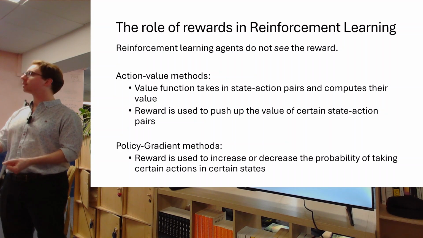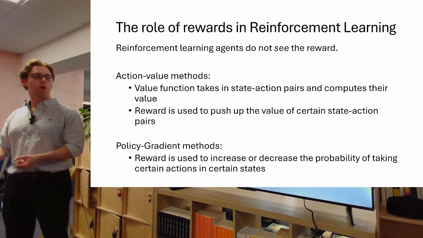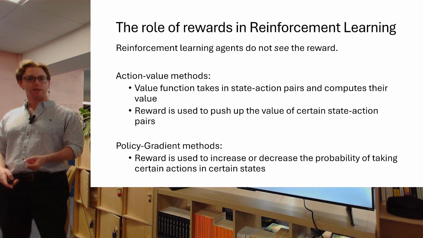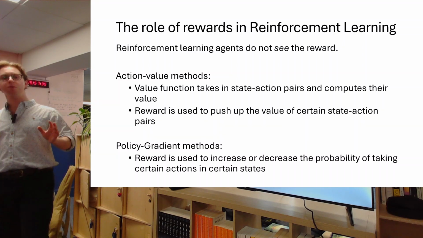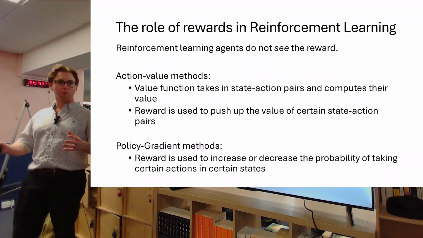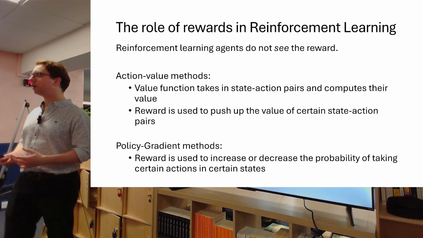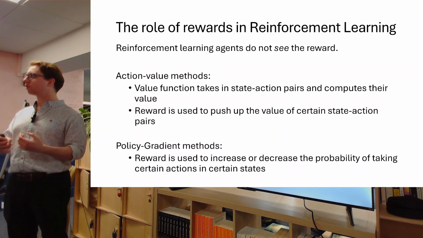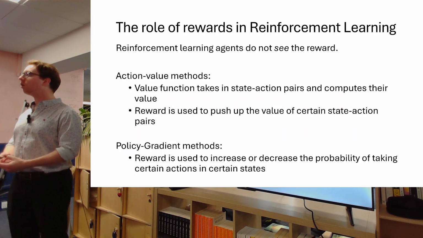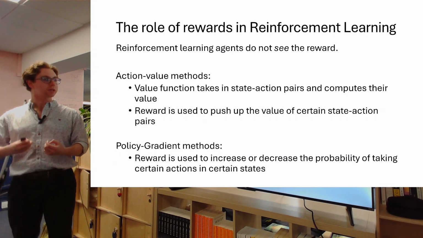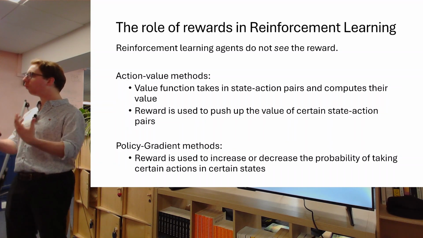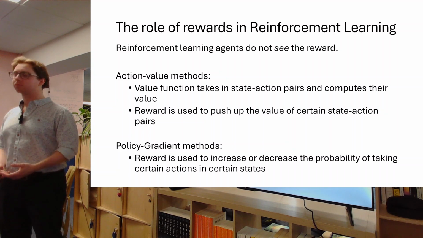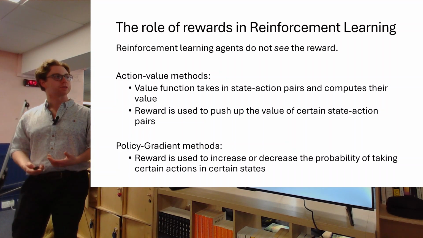So to encourage it to take certain actions in certain states, or discourage it from taking other actions in other states, right? And so the reinforcement learning agent isn't seeing the reward. Instead, the rewards are used to determine which patterns of behavior, or what I call internal cognitive patterns, to strengthen or weaken within the system, right? And that's what the rewards are doing.